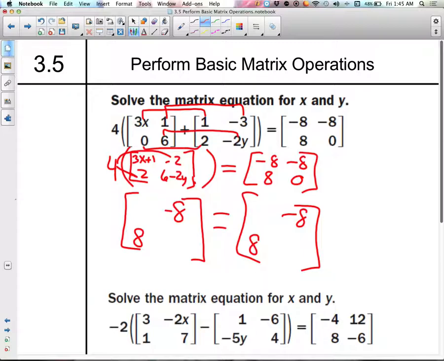All right? So let's take 4, and we're going to multiply it times 3x plus 1 in the top. So think of it as 4 times 3x plus 1. You're just going to distribute. 4 times 3x is 12x, and 4 times 1 is positive 4. And then we'll take the 4 times the 6 minus 2y.